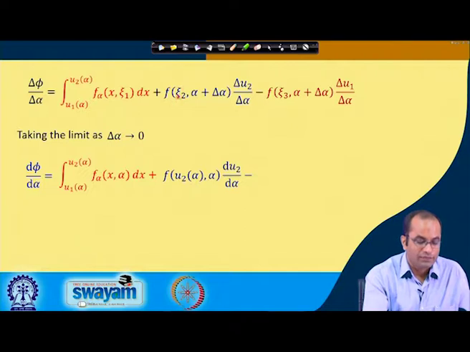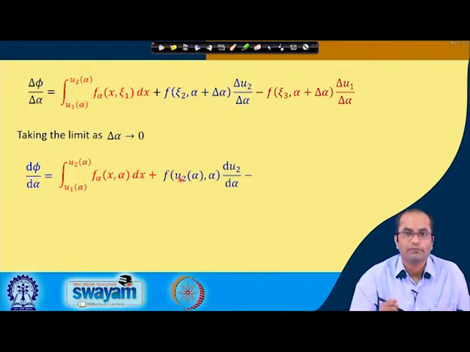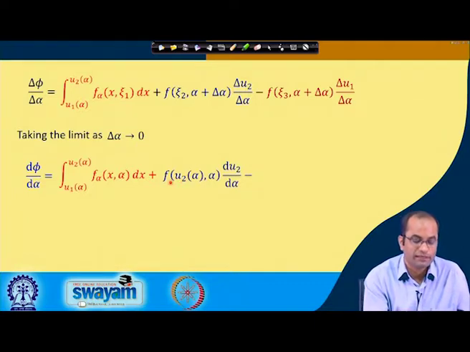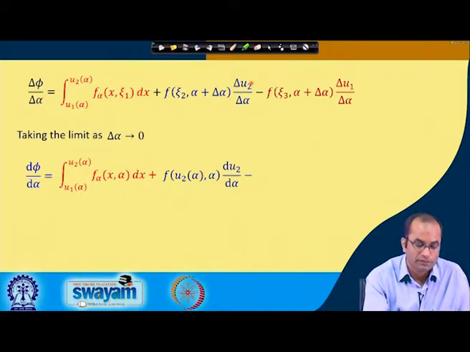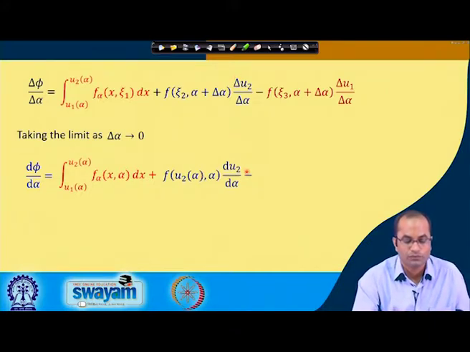Here we have this xi 2 term, and the xi 2 lies between u 2 alpha and u 2 alpha plus delta alpha. So, when delta alpha goes to 0, this xi 2 will go to u 2 alpha, and here also this will go to alpha, and this will become the derivative again, du 2 over d alpha, minus the same thing here.